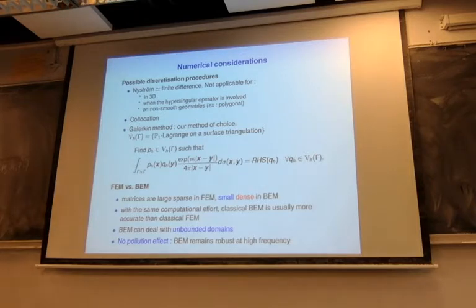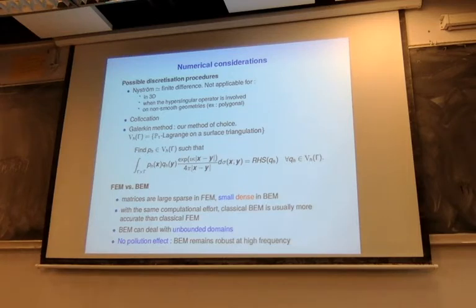So polygonal scatterers are complicated to deal with using the Nyström method, and you cannot deal with the hypersingular operator, which is one of the 4 building blocks, so this is a serious limitation of this approach. Then you have a collocation approach. I will not give details about this. It consists in discretizing with an interpolation approach.